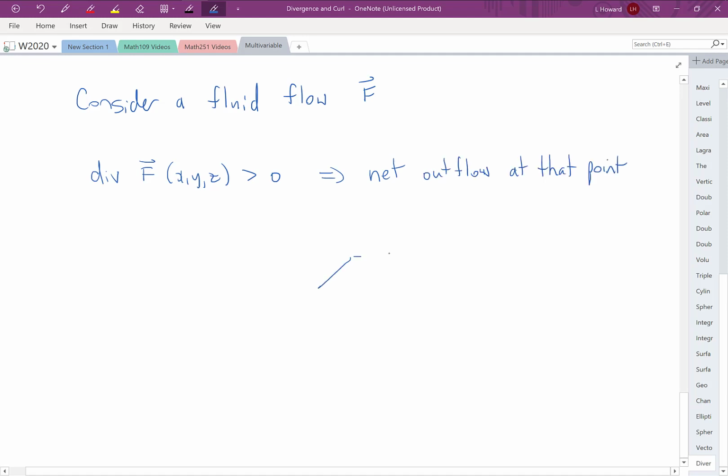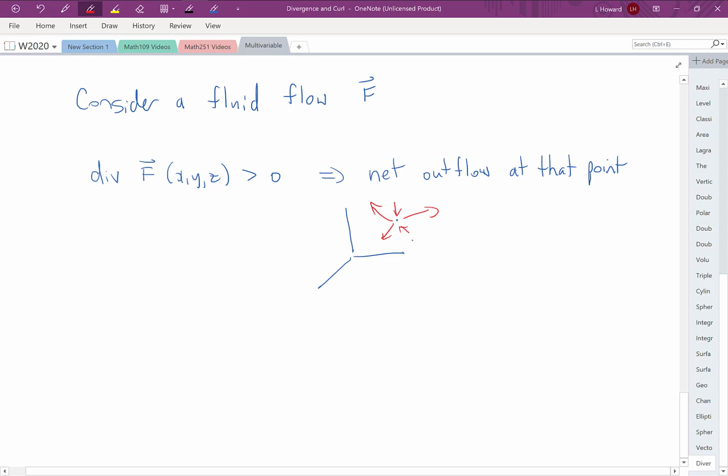So let's imagine our fluid flow in space. Let's imagine we're talking about this point right here. And we're going to talk about all the fluid that's flowing in and out of that point. So it's possible there might be a little bit of fluid flowing in towards that point, but there's going to be more outflow than inflow. So here I'm just letting the length of the vectors indicate, say, the density times the speed.